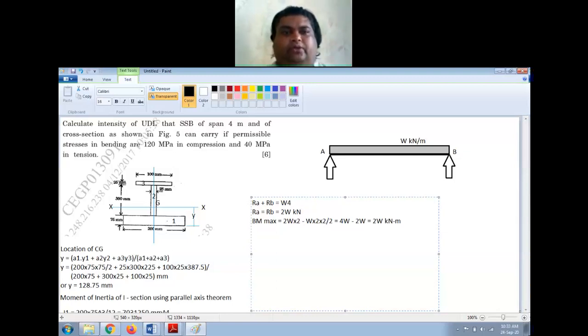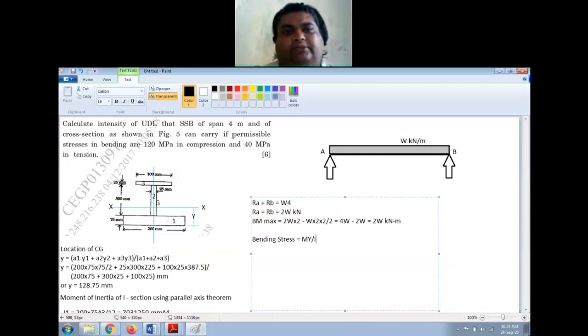Now I have to put this in the bending equation, right? Bending stress is equal to My by I. Don't use M by Z here because he has given the stresses differently.